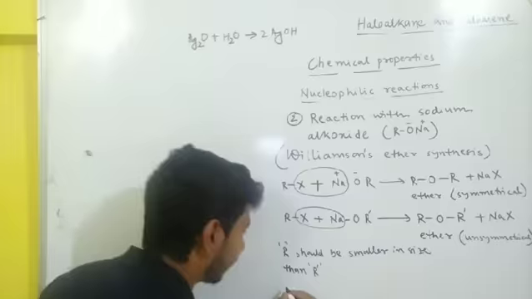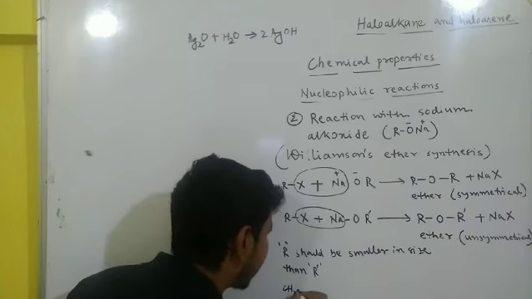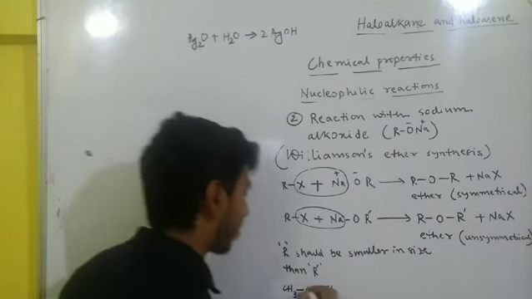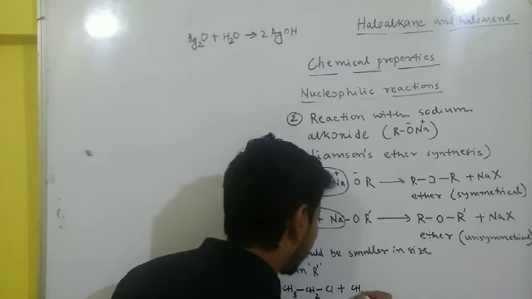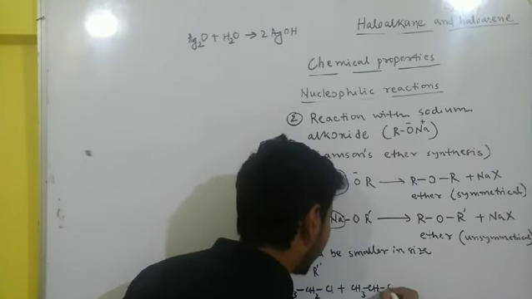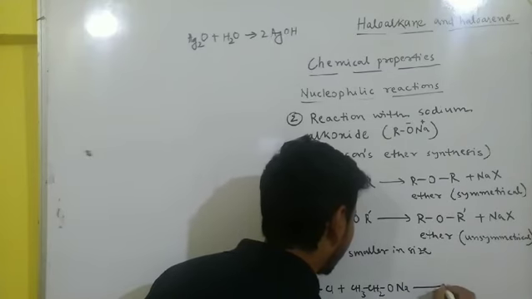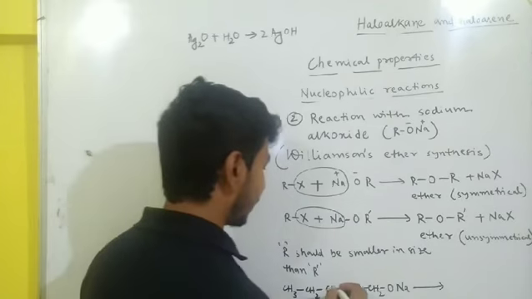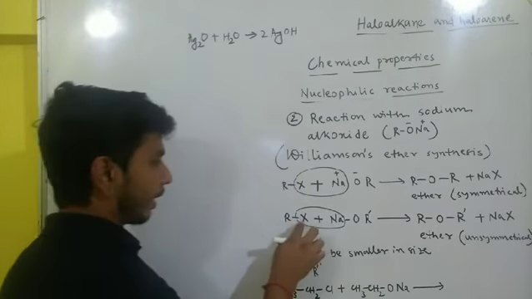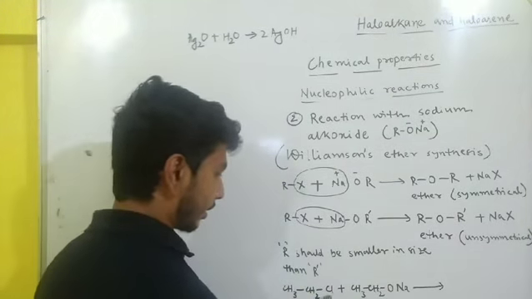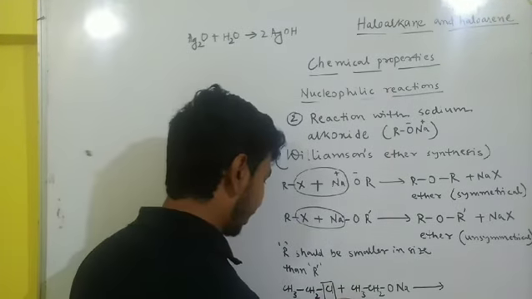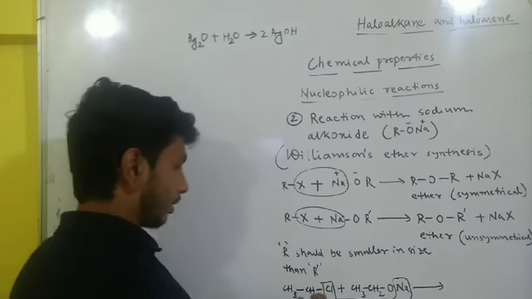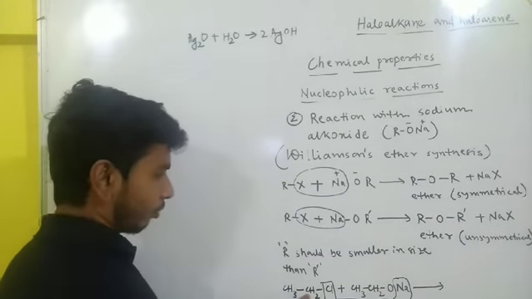Now, for example, CH3CH2Cl plus CH3CH2ONa. What will be the product? Here NaX is eliminated, so NaCl is eliminated. The product is CH3CH2OCH2CH3 plus NaCl.